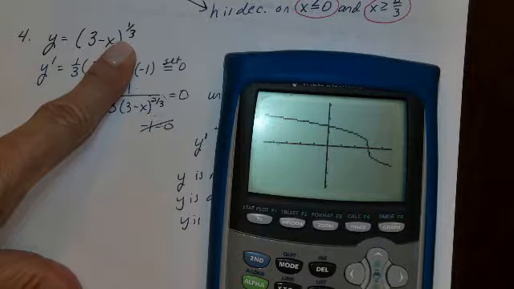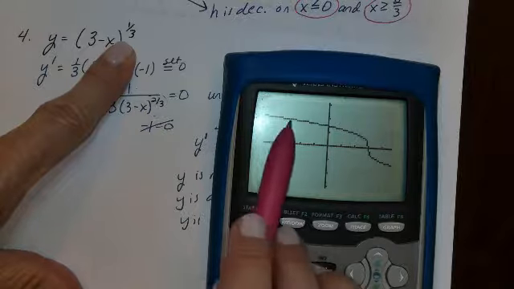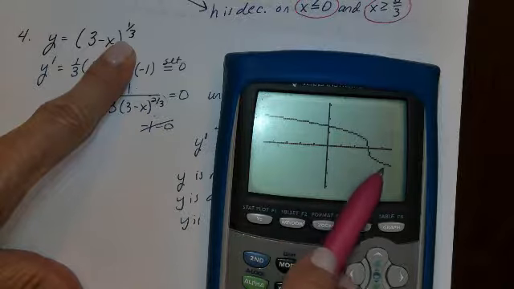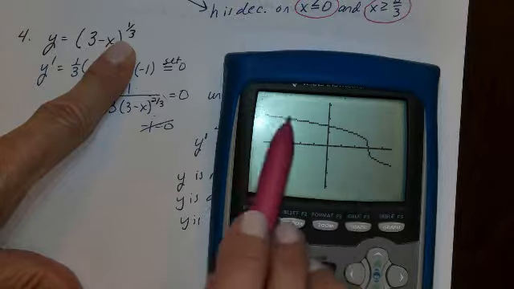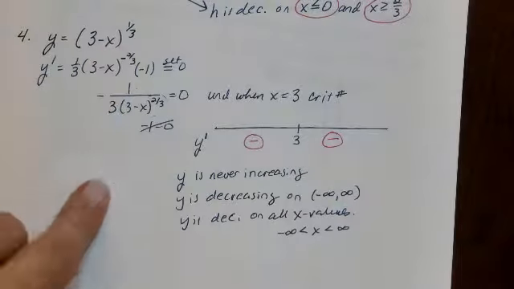And there we go. It's always decreasing, isn't it? Always decreasing. So this makes sense. All right. Increasing and decreasing. Done.